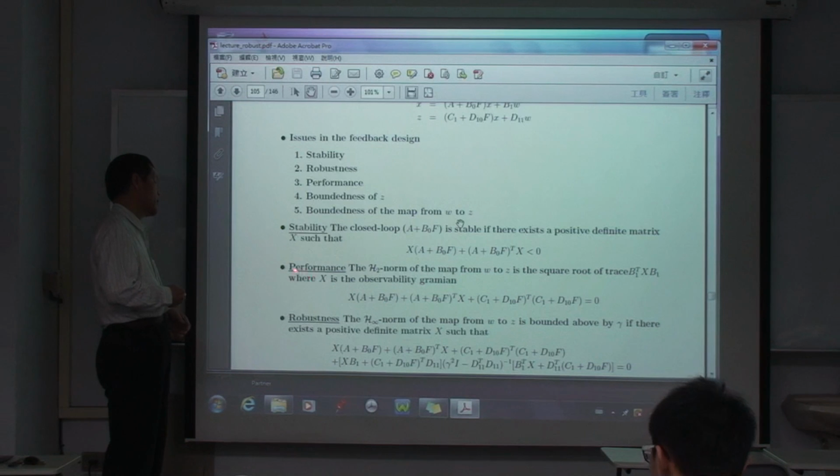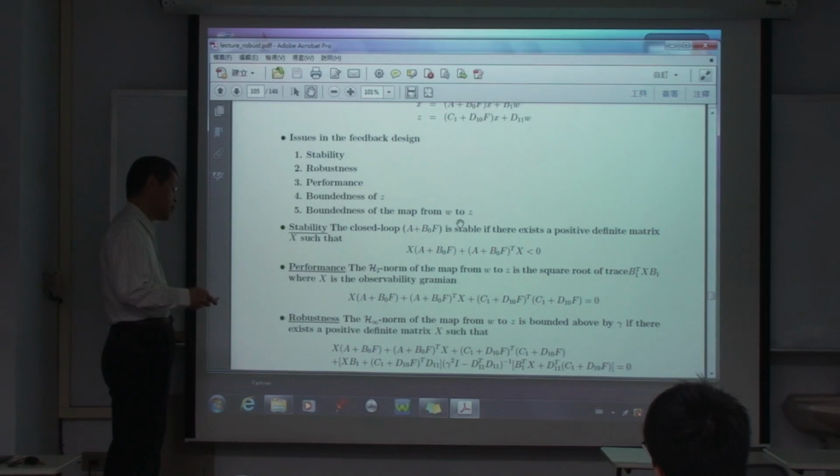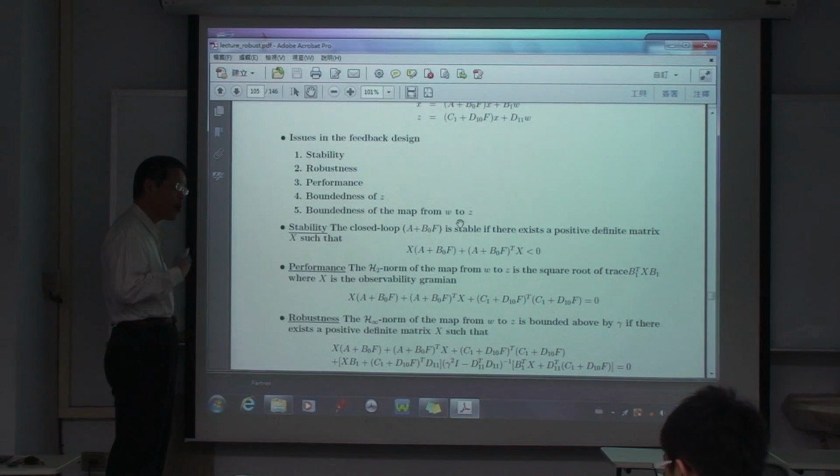And if you look at the performance, that means if you want the H2 norm to be as small as possible, that's related to this one. In that case, you have to solve this equation. This particular equation also contains X and F as unknowns. But you will see certain coupling here, that means there's F transpose F in this term. So the equation appears to be a little bit more complicated.